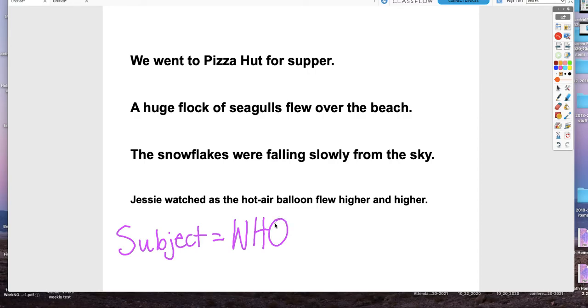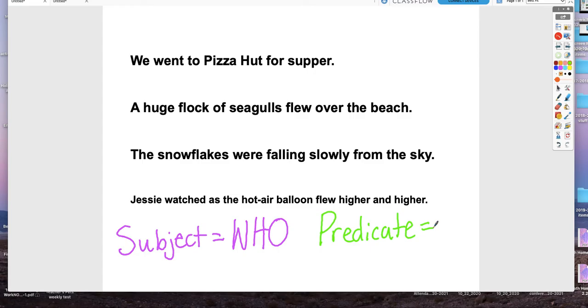Okay, now predicate, I want to make it green today. Can you see the green all the way back there, Valerie? Okay, fantastic. I like the green. All right, predicate. If subject tells me who, then the predicate tells me what is the person doing?